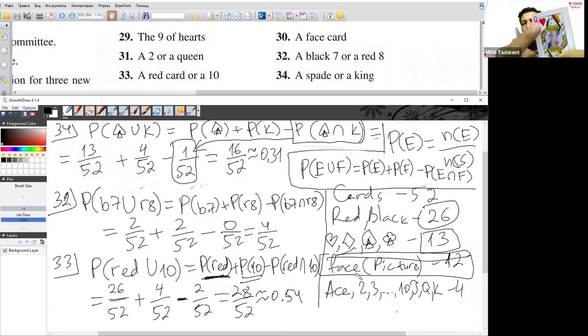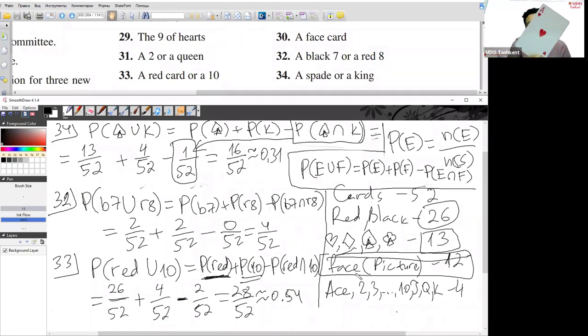Queen, you see, there is a face. Jack has a face and king has a face. We have 4 kings, 4 queens, and 4 jacks. So total how many? 12 face cards. Okay, 12 picture cards. The rest, there is no picture on it. For ace also you don't have a picture.